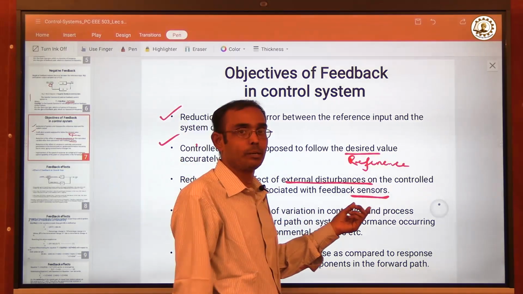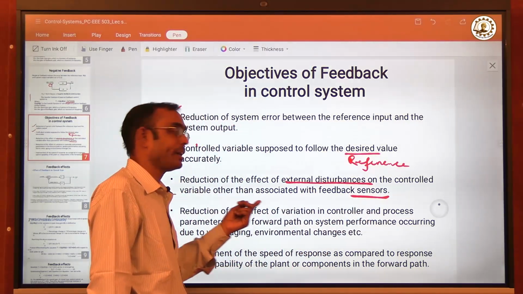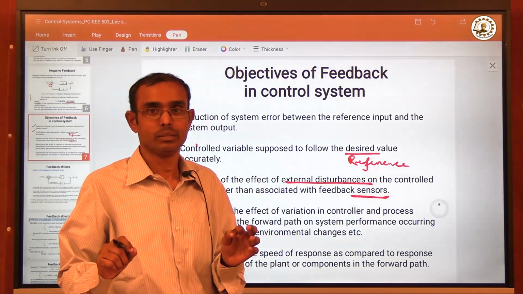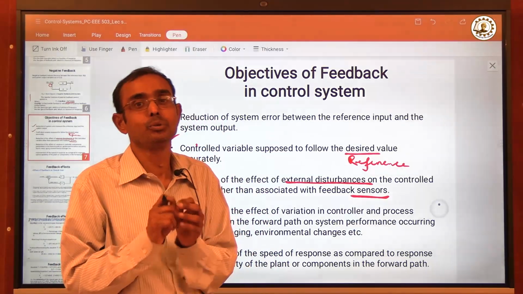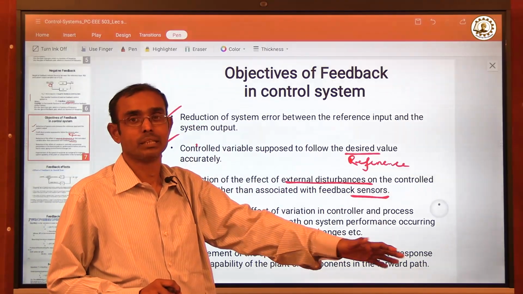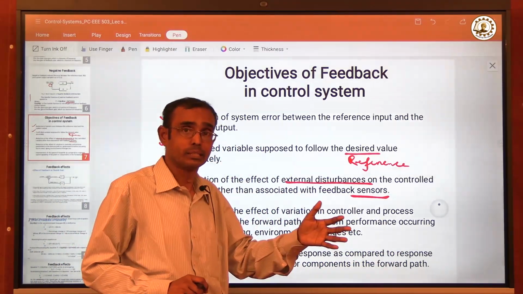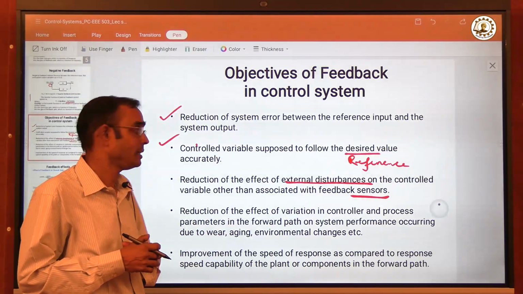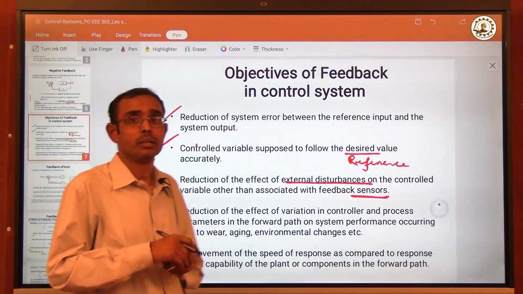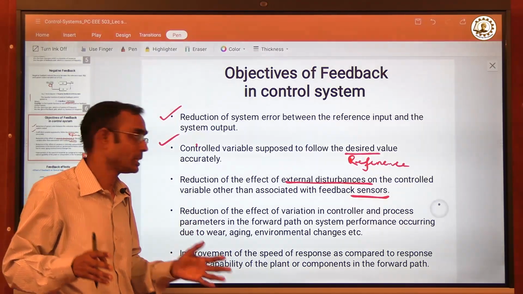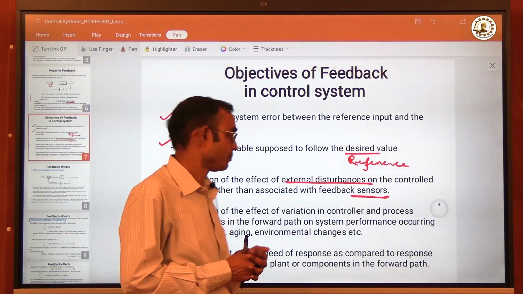So those are called the feedback sensors. By way of this, some noise or other disturbances may be introduced into the system. Other than those, any other type of disturbances, if they are incorporated in the working of the control system, the idea is we have to reduce the effect of those disturbances other than the feedback sensors.